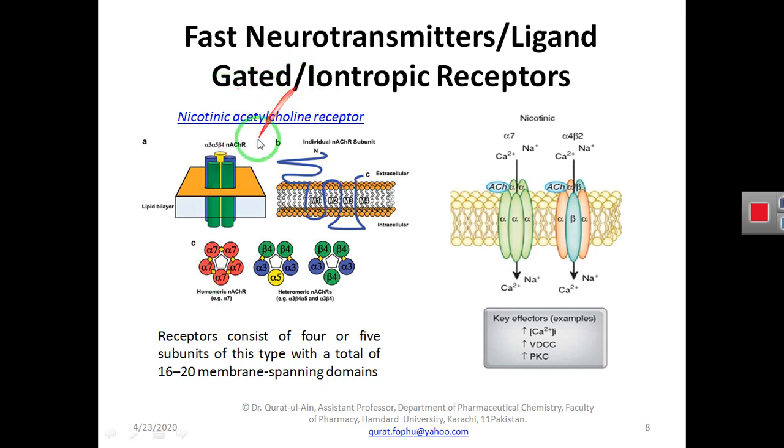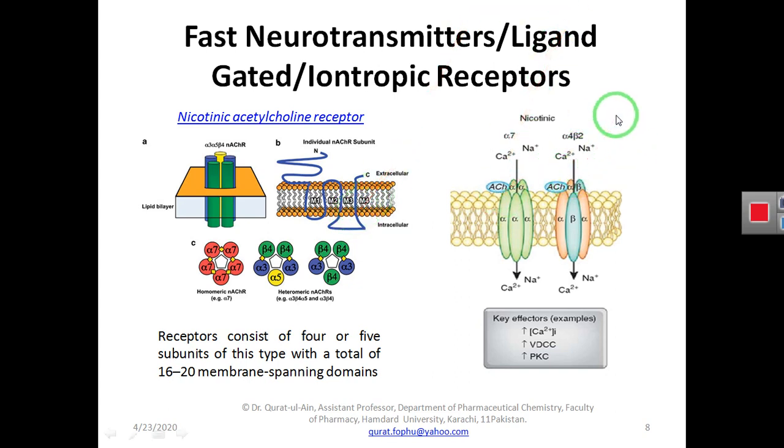They are ionotropic because of this; they work to transfer ions from outside to inside the cell. These receptors consist of four or five subunits, and each subunit is made up of 20 to 25 amino acid residues. So this is about the structure of superfamily type 1.